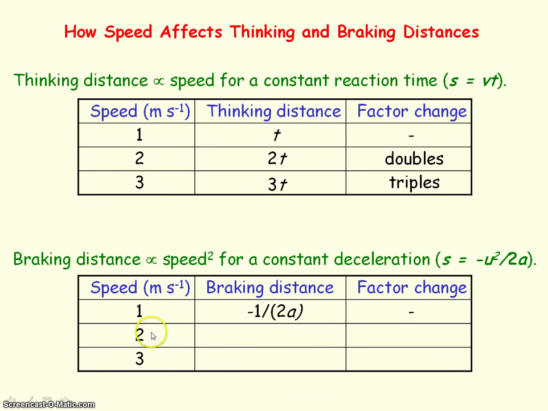When speed equals 2 meters per second, then the braking distance will equal minus 2 squared, which is 4, divided by 2a. So what you can see is when we've doubled the speed, the braking distance has quadrupled.